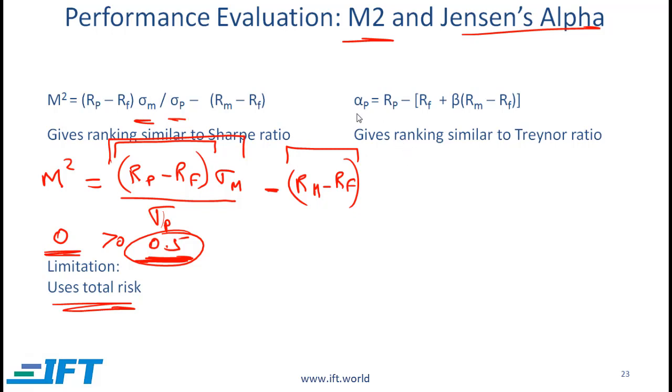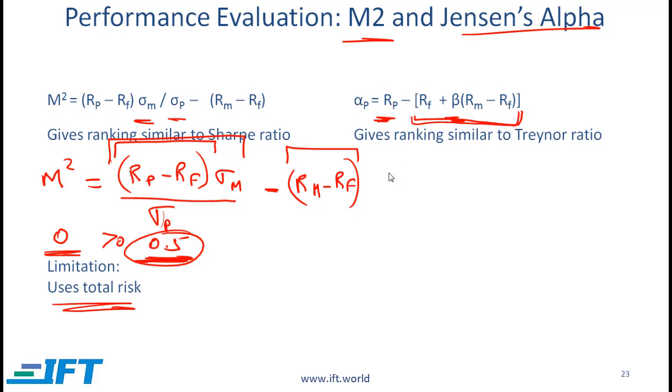Theoretically, the best measure is Jensen's alpha, which is a number which has meaning, and it uses systematic risk. Jensen's alpha is simply the return on a portfolio minus the return predicted by CAPM, which is this expression over here.